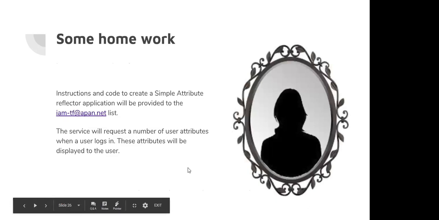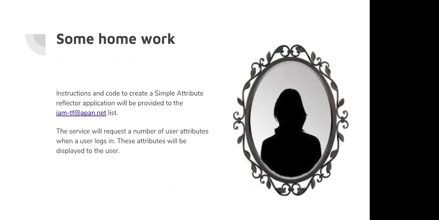So this is the homework I mentioned earlier. I'll be putting up some instructions and some code into a GitHub repository, which I'll be creating in the next few days, to set up a simple attribute reflector application. The instructions and code will be provided via the task force list.